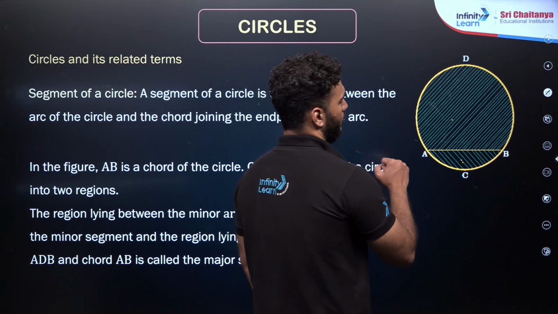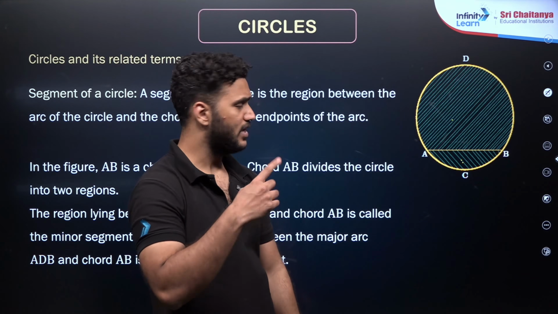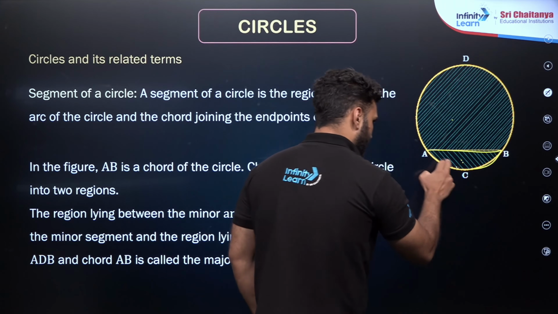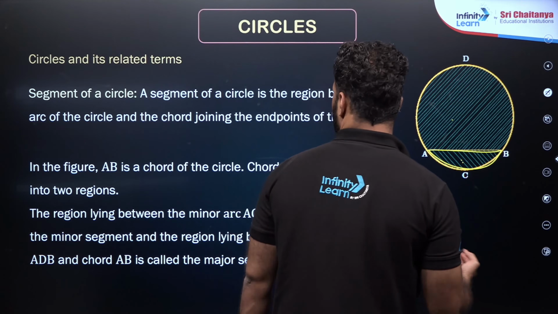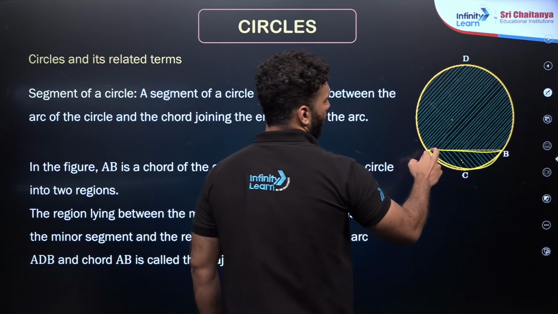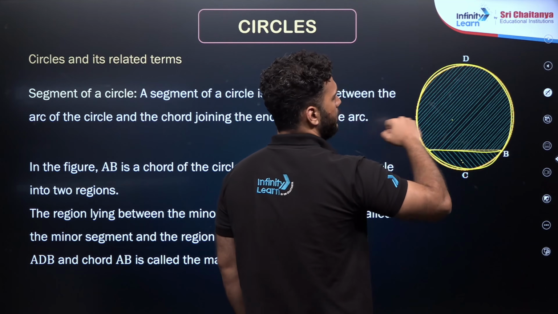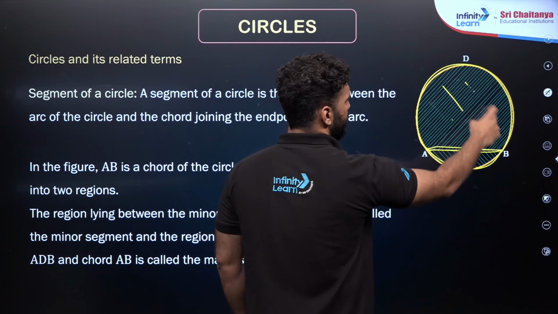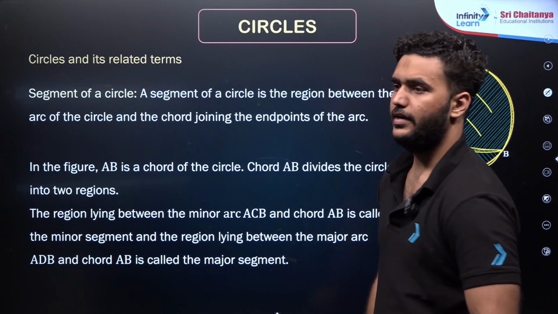This part is minor because it is surrounded by the chord and the minor arc. That's why it's a minor segment. Now what about this? It's the major arc, and with this chord, this area is known as a major segment. Any doubt till yet, anyone?